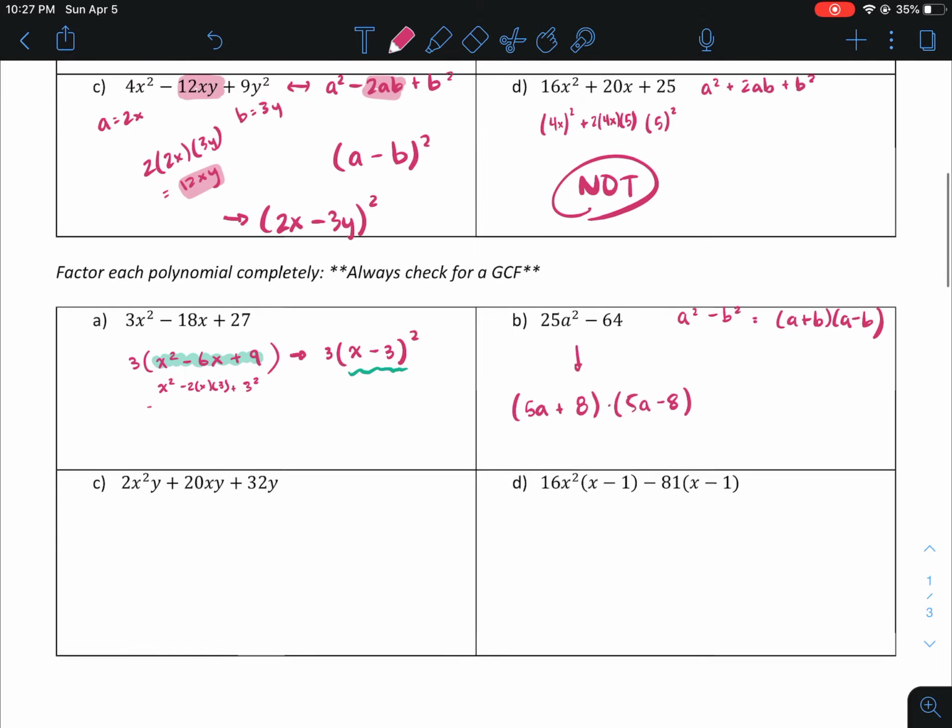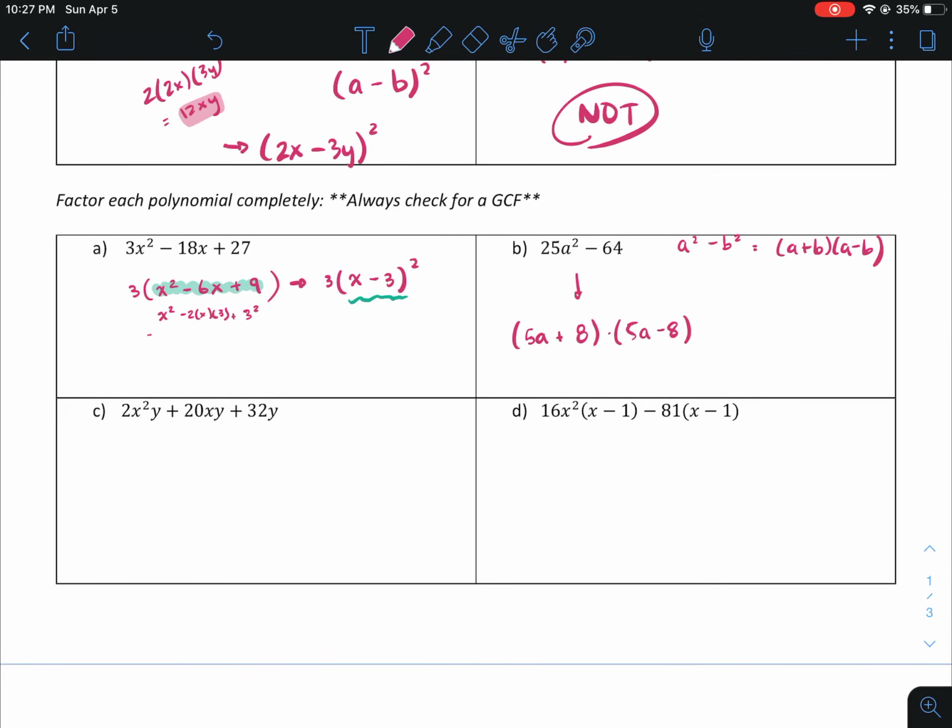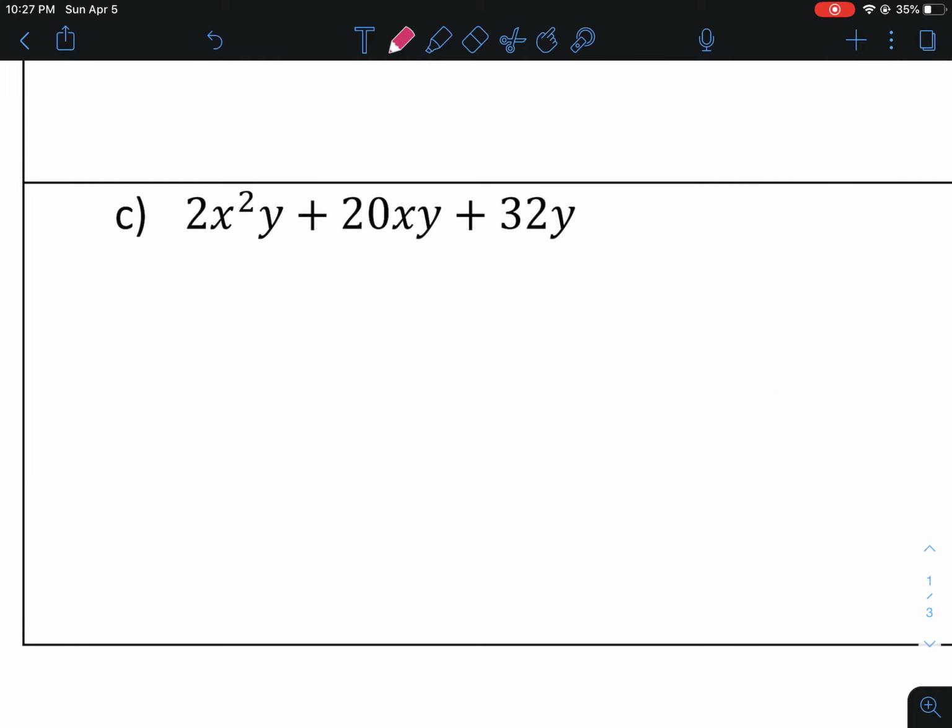Okay. So, next one: 2x squared y plus 20xy plus 32y. Let's check for a GCF. All of them are divisible by 2, and they each have a y. So I could factor out a 2y. That leaves me with x squared plus 10x plus 16, okay?